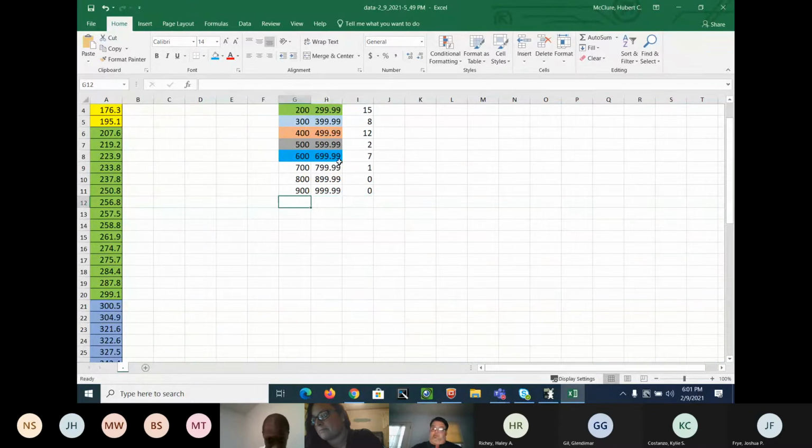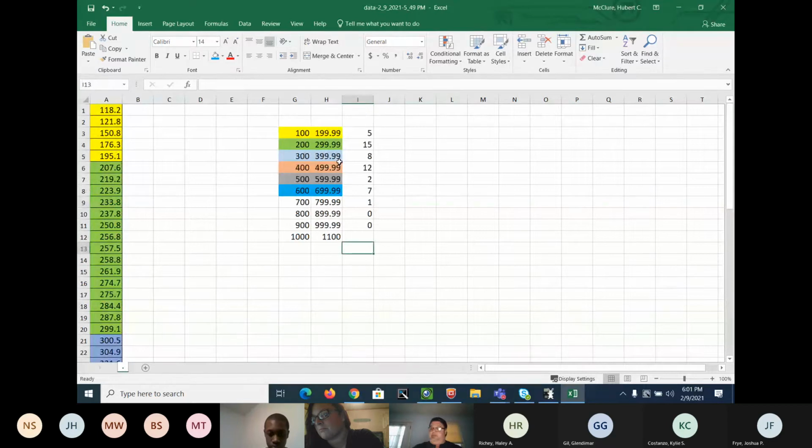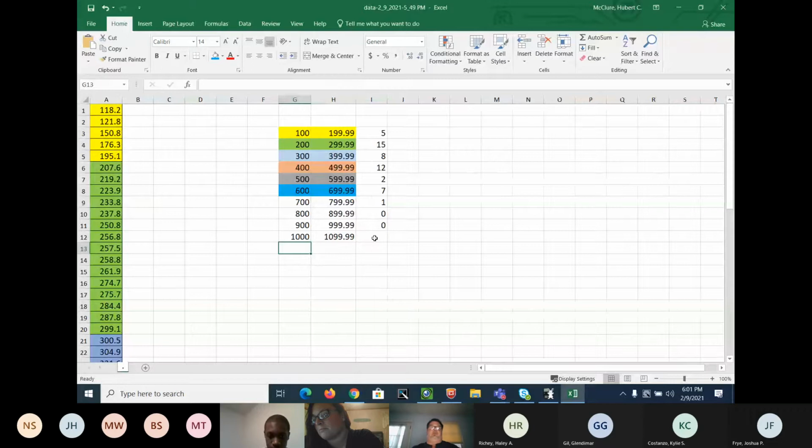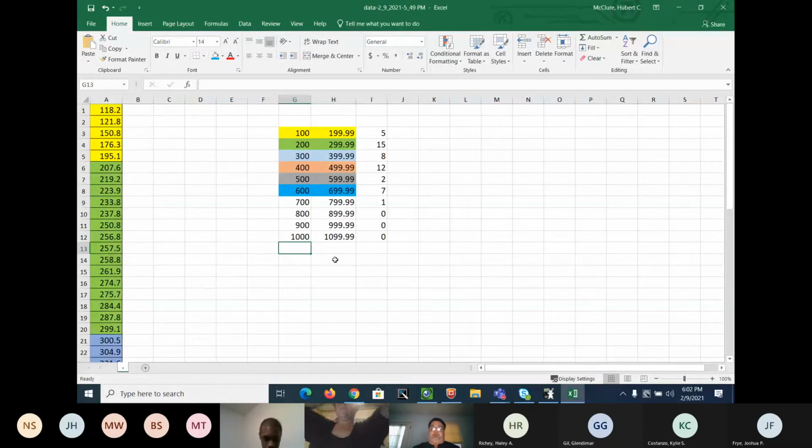And 1,000 to 1,099.9. Oops, I hit the wrong button. Not supposed to do that. Let me make it wider. Hold on. There. 0. What's our number down here? 1,300. 1,354. So our table has to go to 1,300.